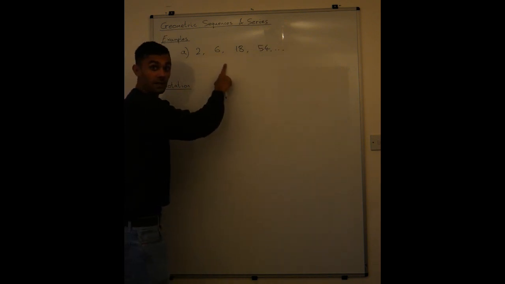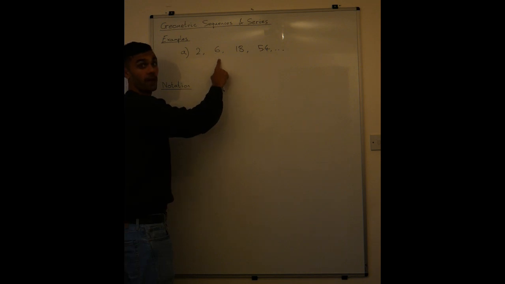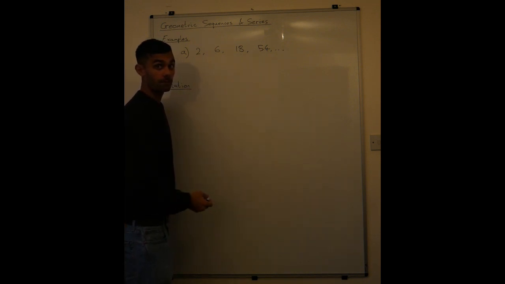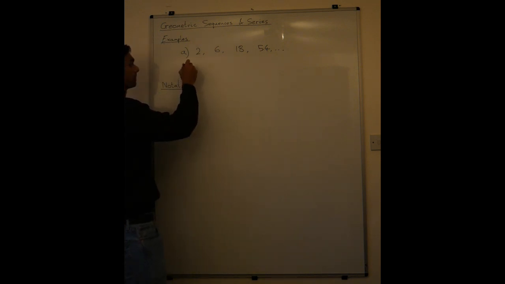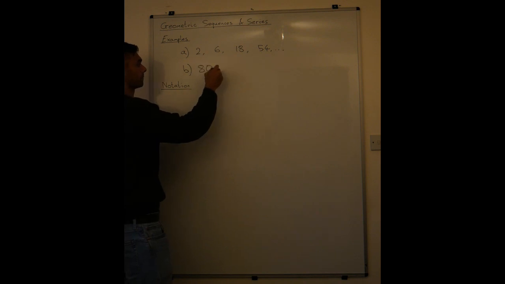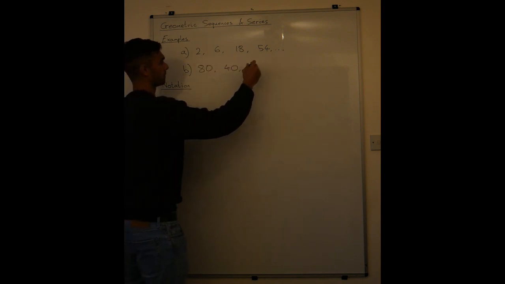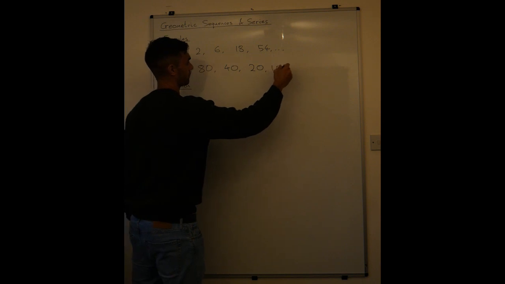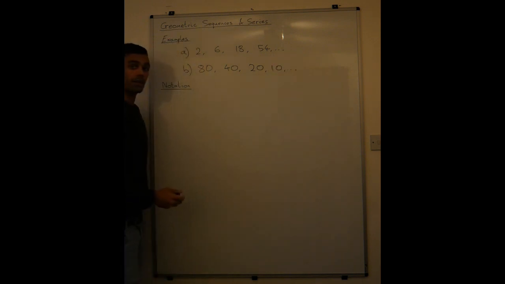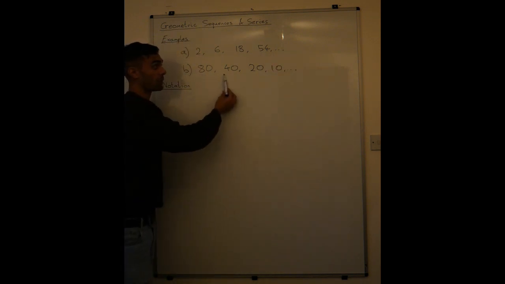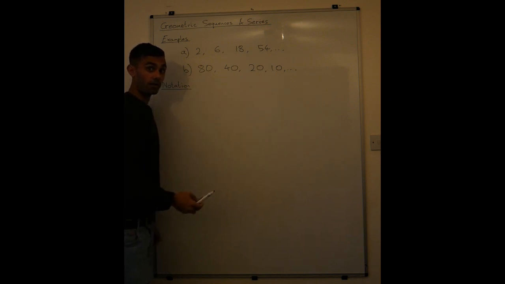So you can see in this sequence, to move from one term to the next, you multiply by 3. And in my second sequence, to move from one term to the next, you times them by a half.